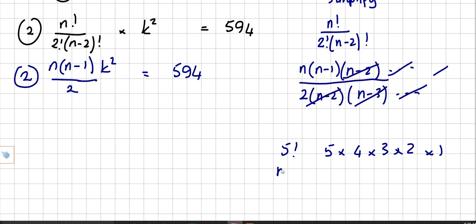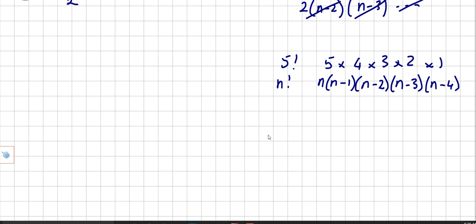Now if I make that n, that would be n, and then this would be n minus 1. This would be n minus 2, n minus 3, and then finally n minus 4. Now, if I change that a bit, so I've got a formula, so I've got 5 factorial over 3 factorial.